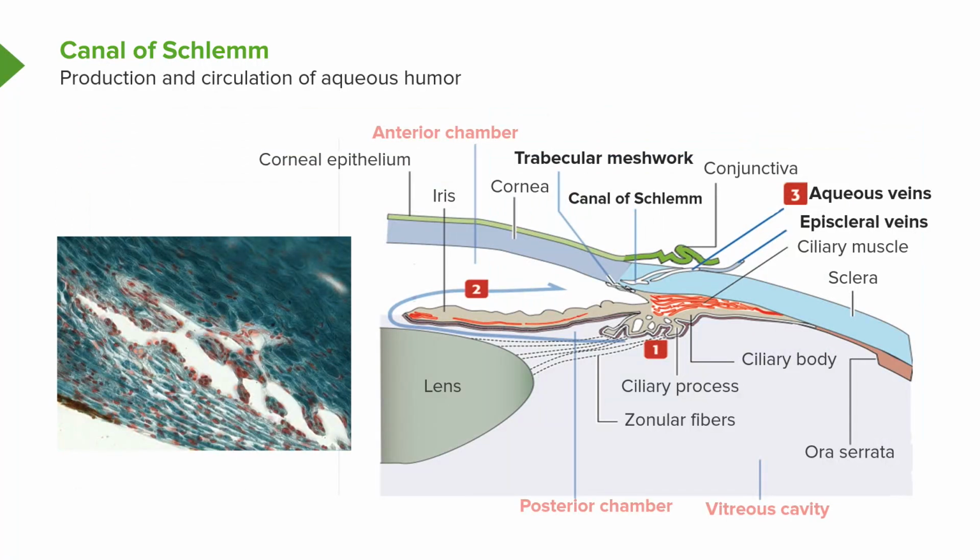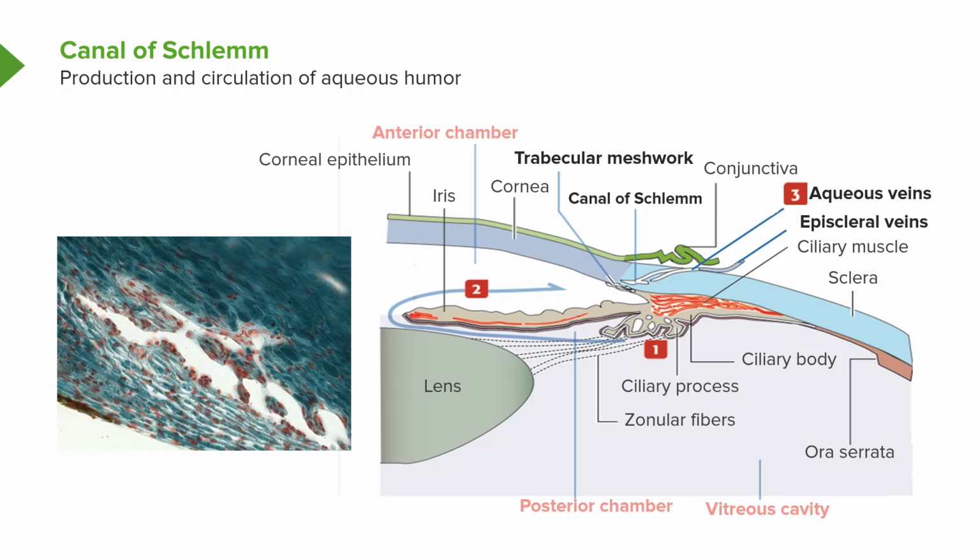Here is a diagram explaining that. The pictures on the left-hand side and the diagram just follow the sequence. 1, the epithelial cells produce that aqueous humour. It circulates from the posterior chamber through the little valve created by the iris into the anterior chamber and then into the canal of Schlemm and then to the venous system.